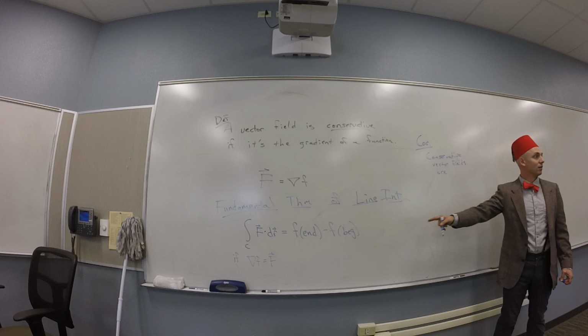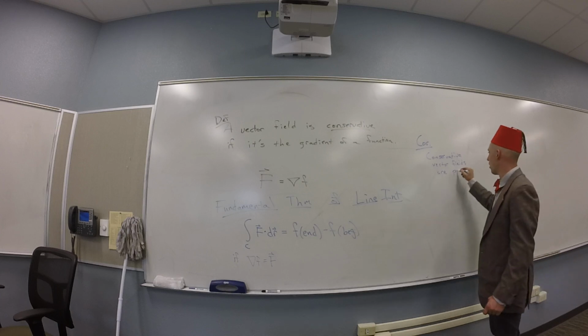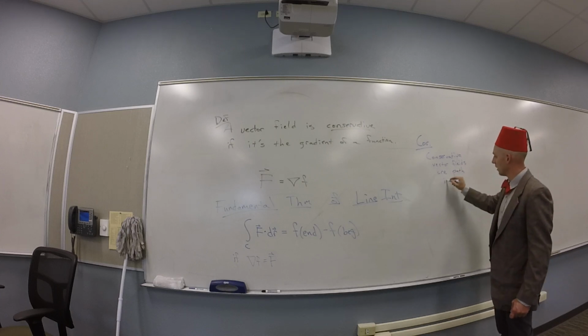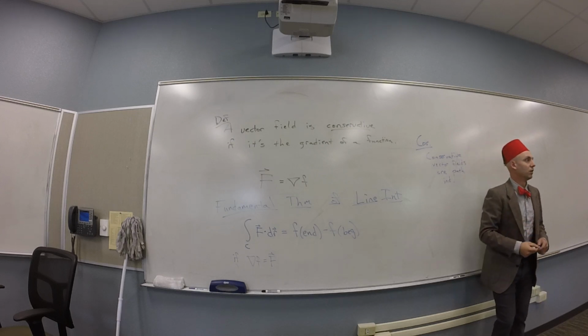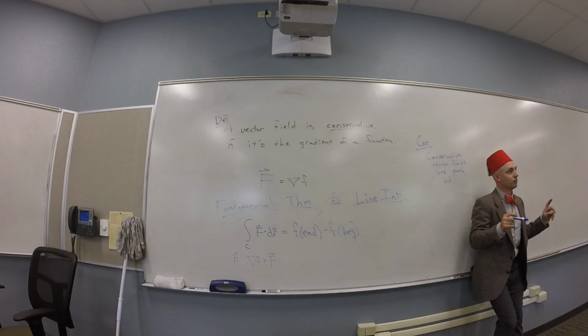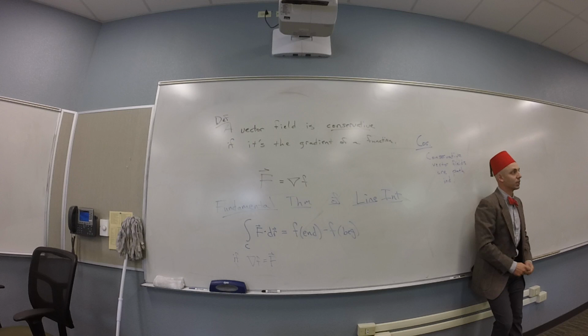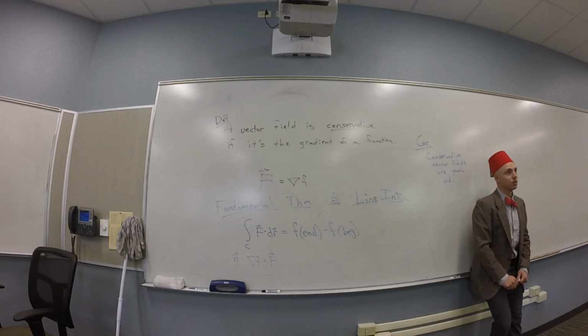You guys see that? So conservative vector fields are always path independent. The opposite is not necessarily true. Path independence does not guarantee conservative, but conservative guarantees path independence, because you can just apply the fundamental theorem of line integrals. You guys cool with this?